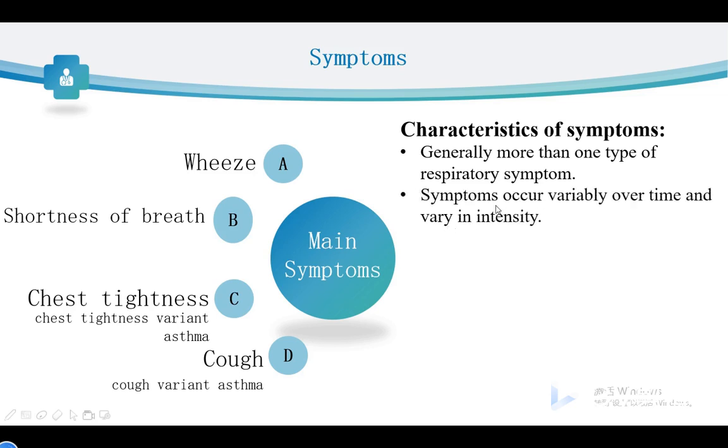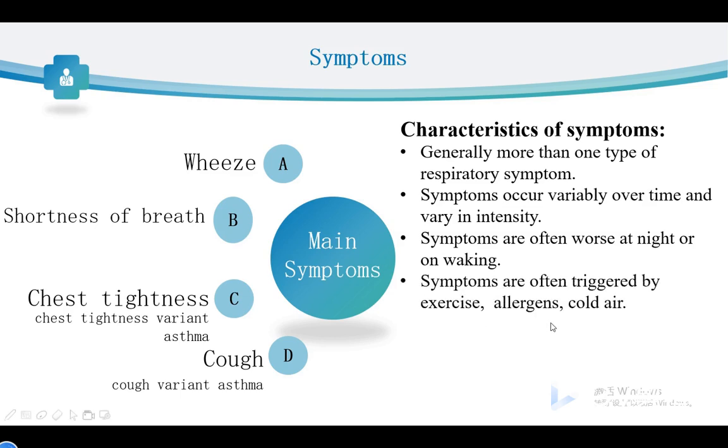The symptoms of asthma usually vary over time and vary in intensity. That means the day-night rhythm and the season rhythm. The symptoms of asthma are often worse at night or on waking.